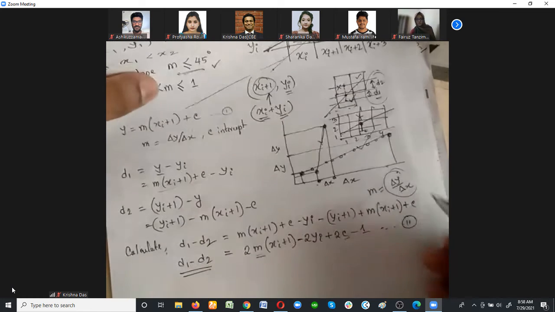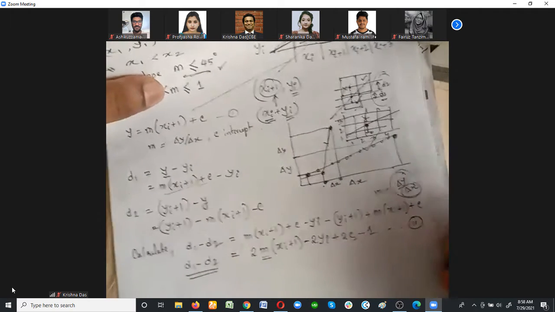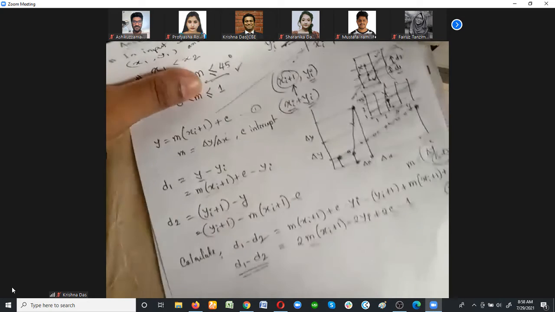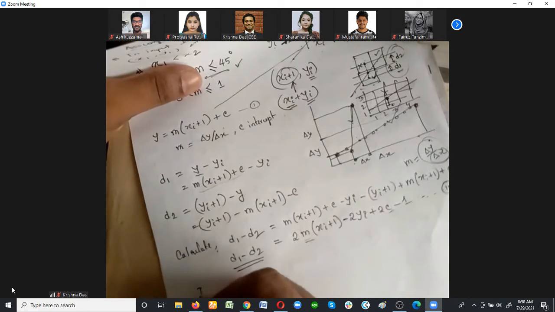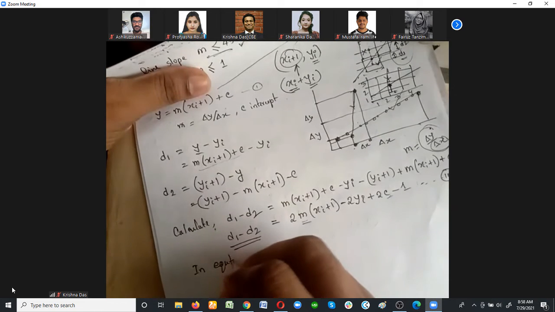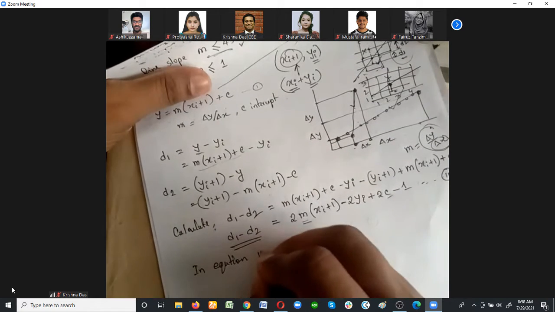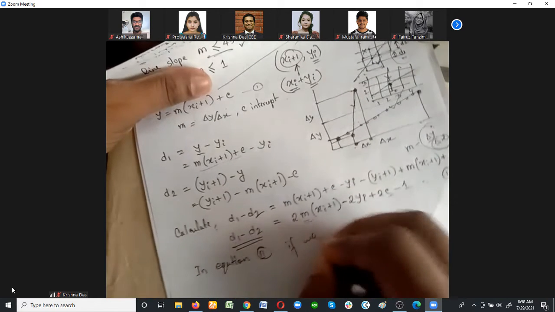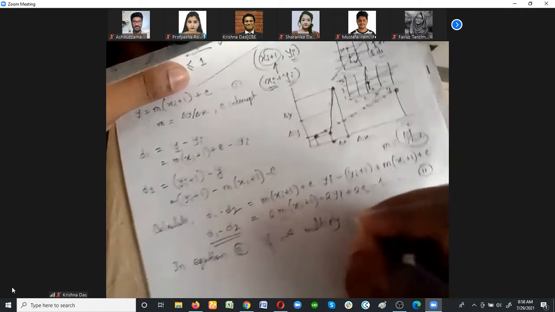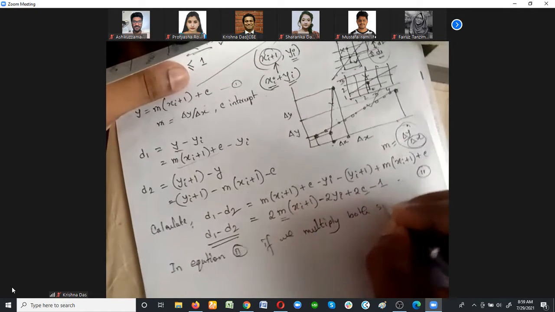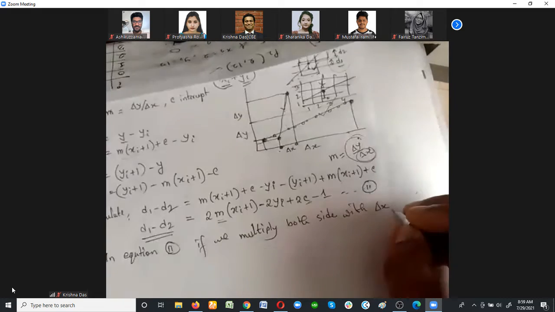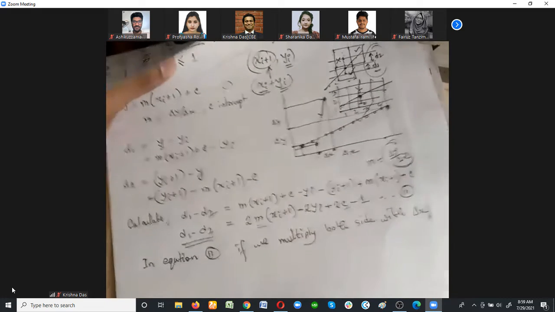Exactly, multiply by a number. Which number? The number which is going to divide. If we multiply both sides with del x, in equation 2, this is the beauty of mathematics. In equation 2, if we multiply both sides with del x, then we can easily avoid that fraction.